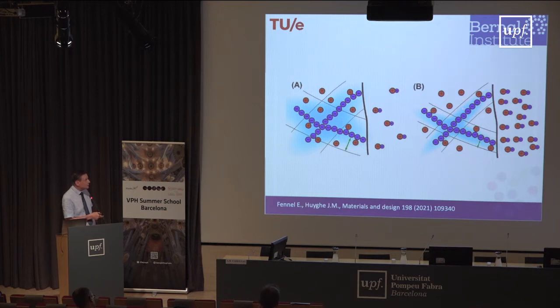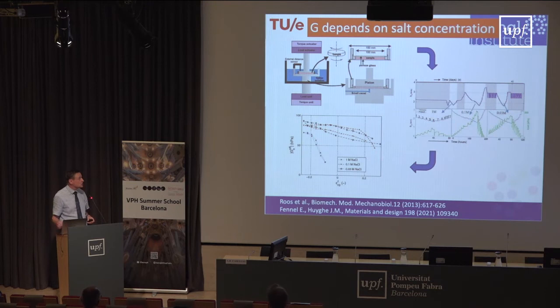This is the Debye thickness, here in high salt concentration, here low salt concentration. It changes the thickness of the double layer, and part of the stiffness of a gel is related to the thickness of those double layers, and not just to strain. Even if you constrain the gel and disallow it to swell, you get a change in stiffness.